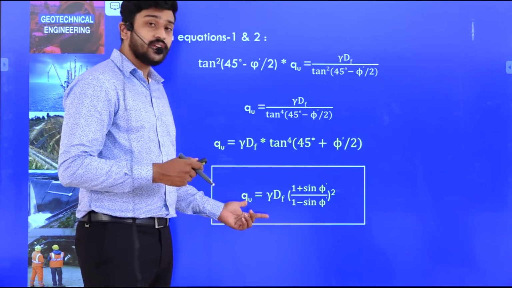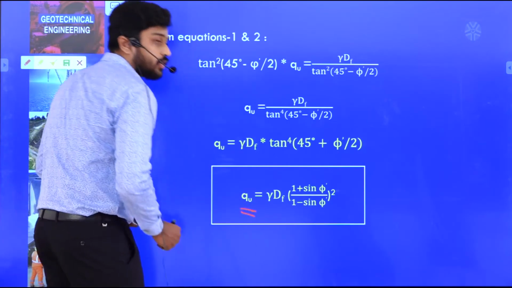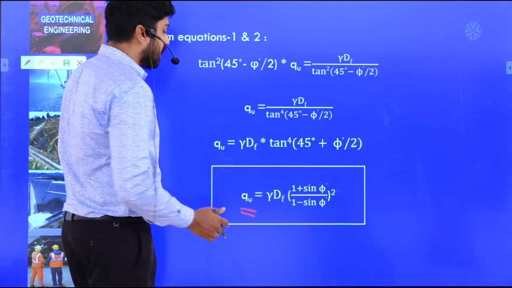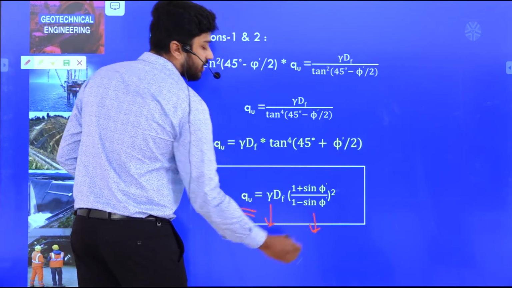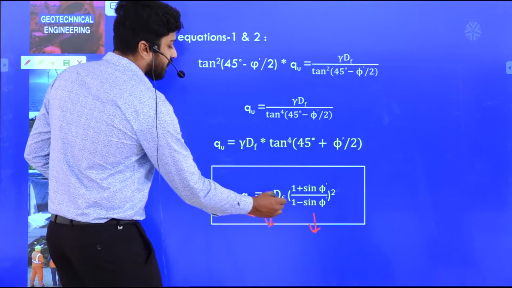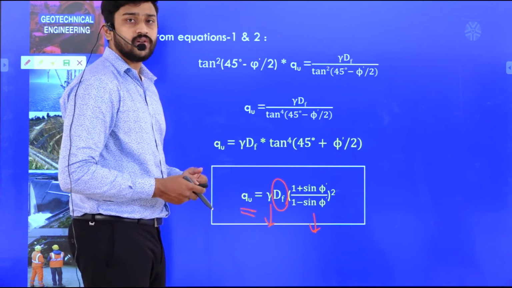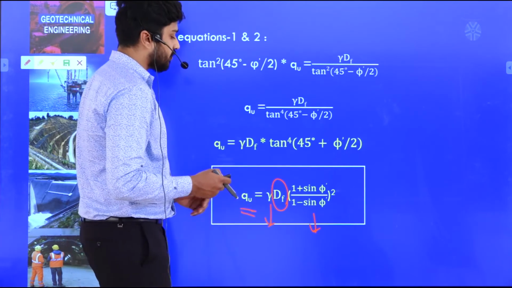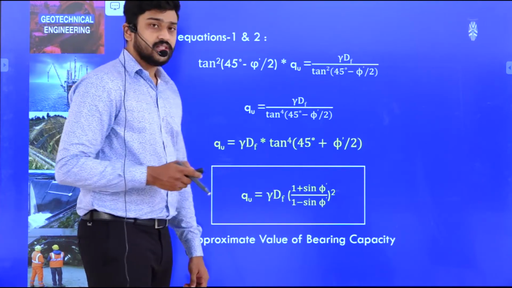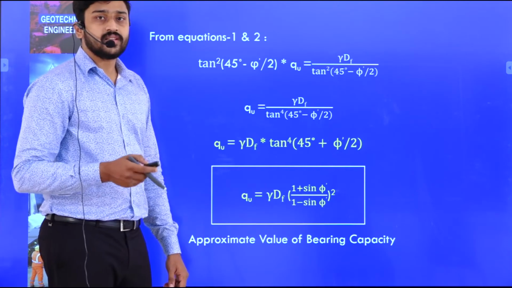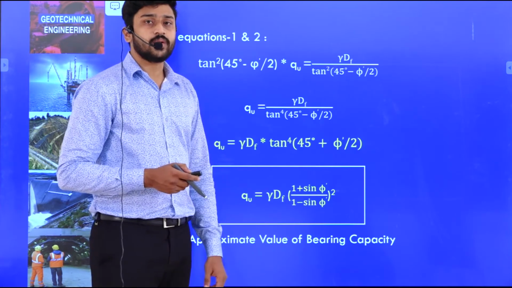In this equation, if I know the value of qu, the bearing capacity of soil, and the unit weight of soil, and the angle of internal resistance, then I can find the depth of foundation that I can construct at a particular site location. Clear? So that is how we need to find out the depth of foundation. Now, as I have stated, Rankine's analysis is an approximate method, so an approximate value of bearing capacity is determined here.